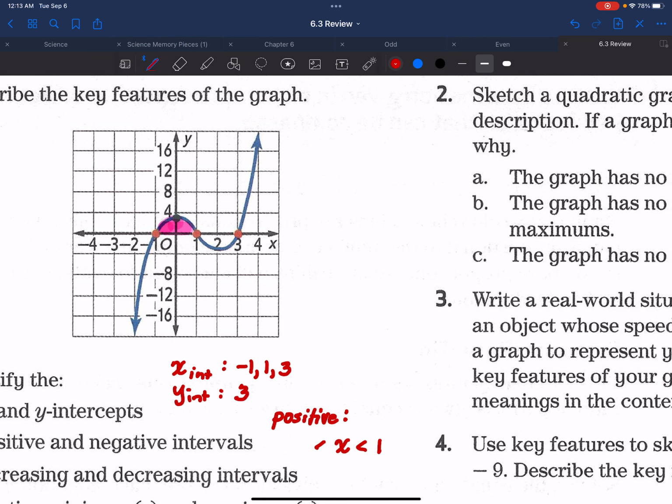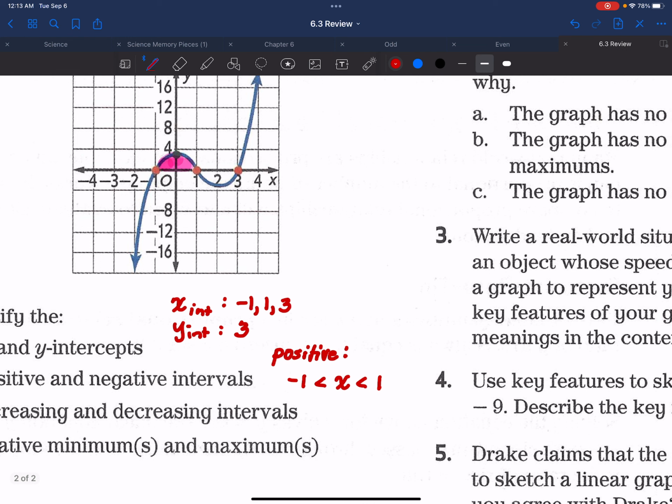And then the negative interval, let me draw it first. Here is a negative interval, and here is another negative interval.